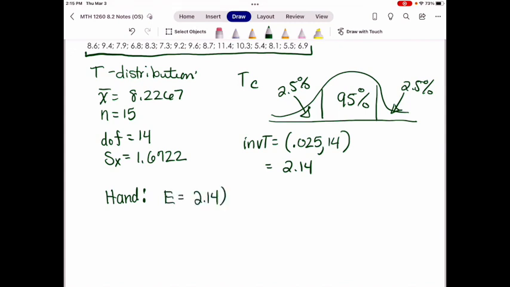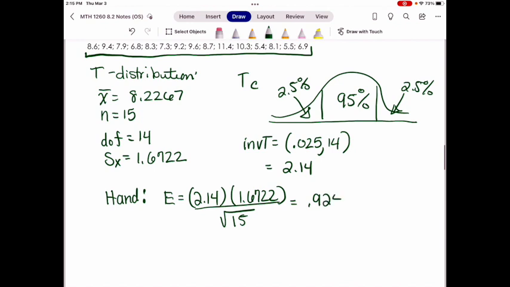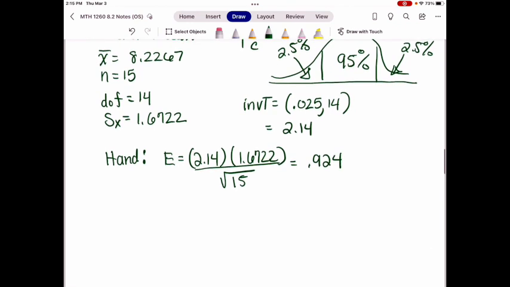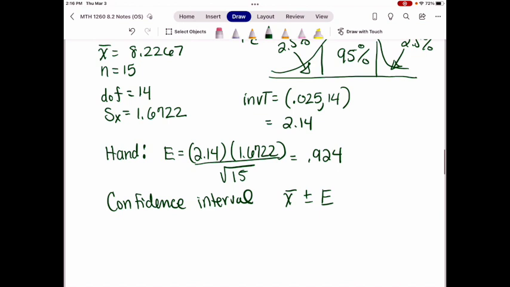Now, to do it by hand, I'm going to find my error first by taking my t-critical, multiplying it by the standard deviation of the sample, and then dividing by the square root of my sample size. When I put that in on the calculator, I'm going to get 8.924. Then to find my confidence interval, I take my point estimate, which is my sample mean, 8.2267, and add and subtract my error.